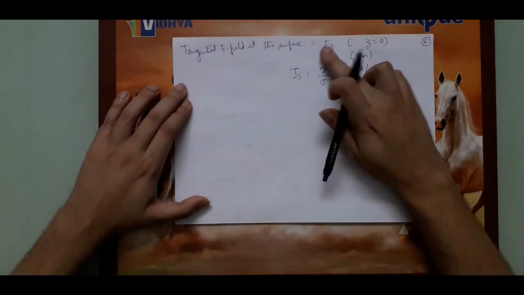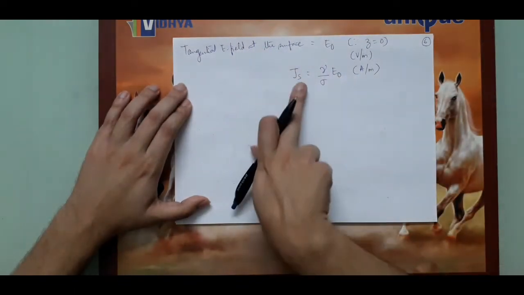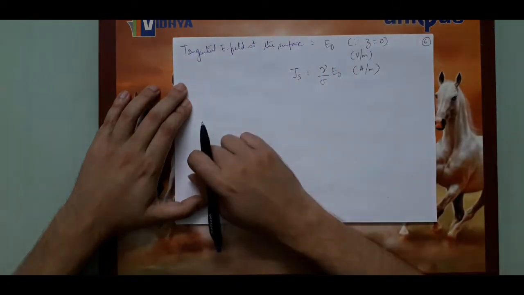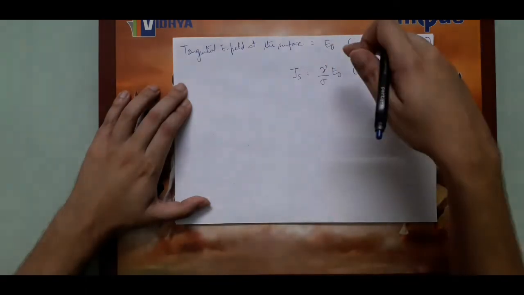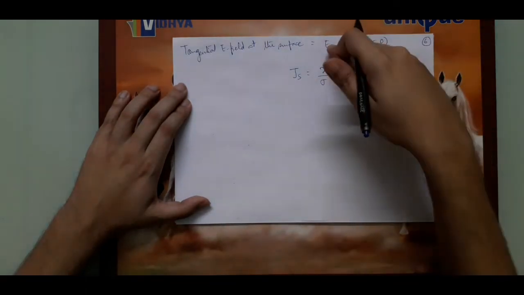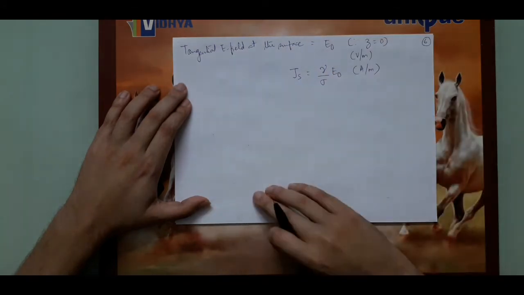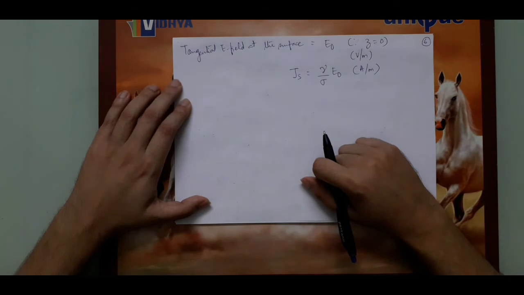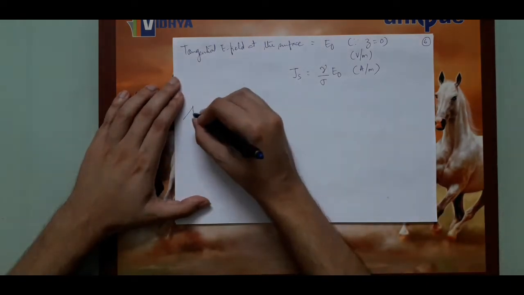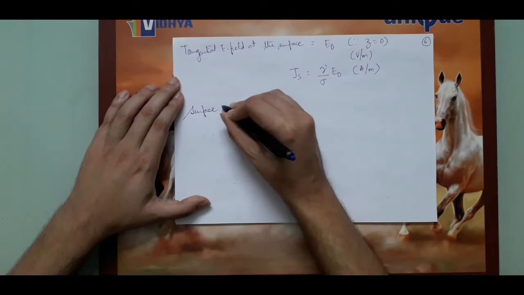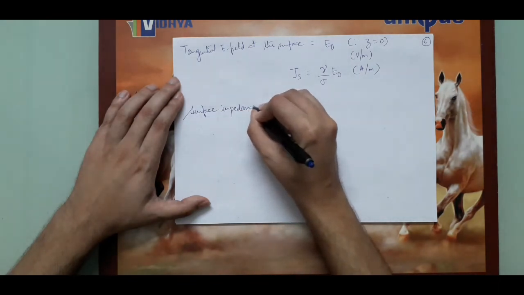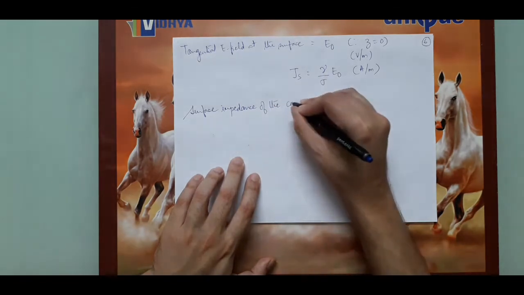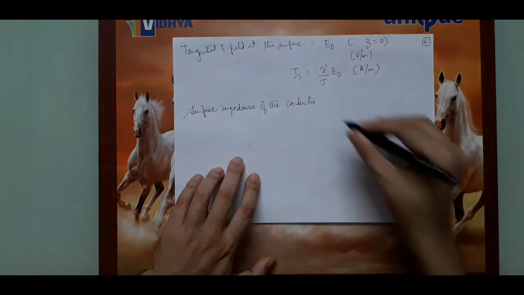If I now take the ratio of the electric field at the surface with the surface current density, I am going to end up with a quantity that has the dimensions of impedance, because I am dividing volt with ampere. So now we define this quantity called the surface impedance of the conductor.